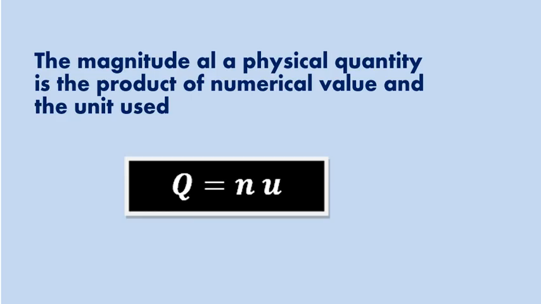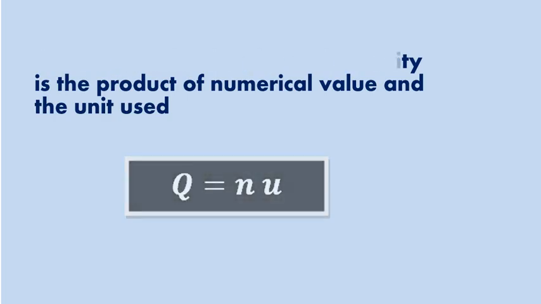If we consider that the numerical value is small n and the unit used is small u, then the magnitude of the physical quantity is written as capital Q equal to small n into small u.